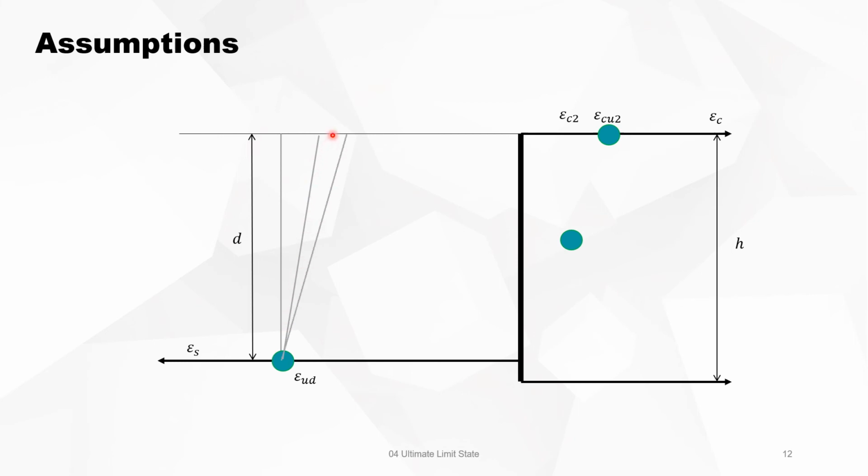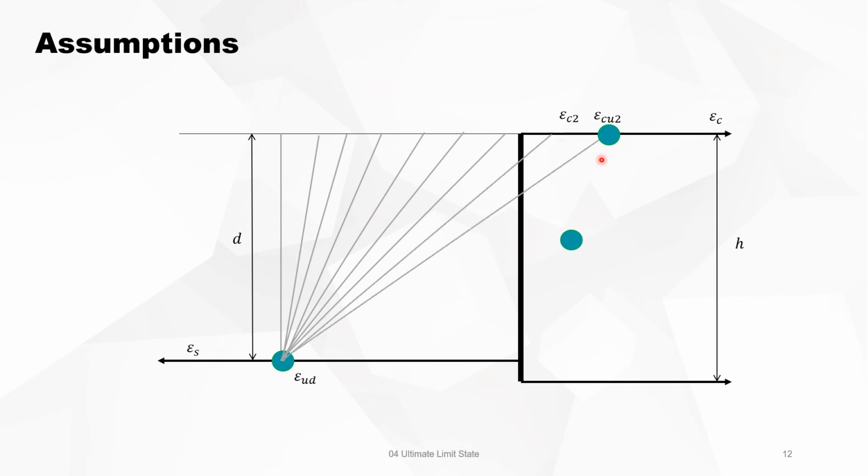We continue increasing the bending moment with the same tension force, and then it will incline until we arrive at the ultimate strain in the concrete. So we started with the ultimate strain in the steel, and we applied the bending moment until we had the ultimate strain in the concrete.